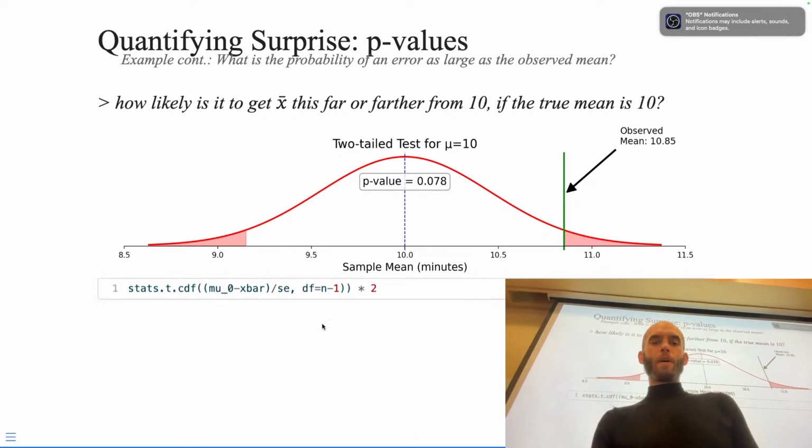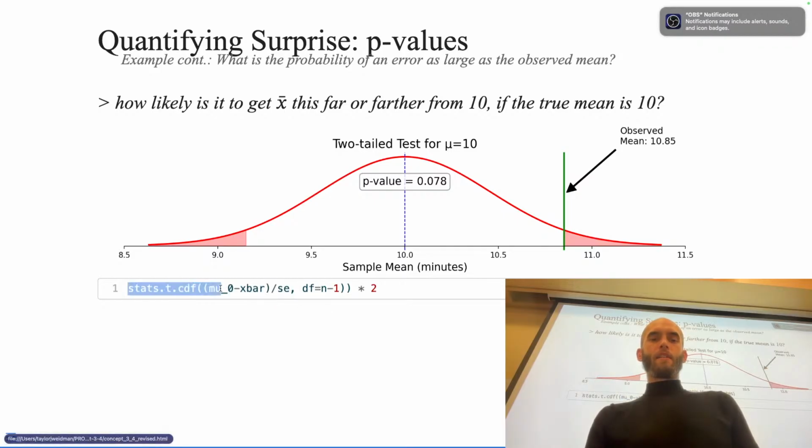There's a bit of code here. This is just the CDF of the t distribution. And then I've calculated this thing. This feels a little out of order, but we'll come back to t statistics in a second.